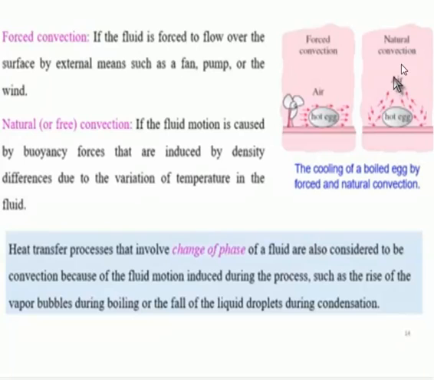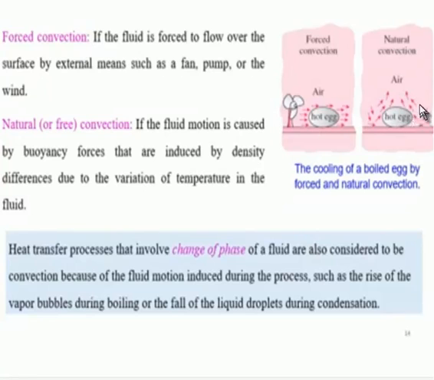Now the next one is natural convection. What is the definition of natural, or free, convection? If the fluid motion is caused by buoyancy forces that are induced by density differences due to the variation of temperature in the fluid.